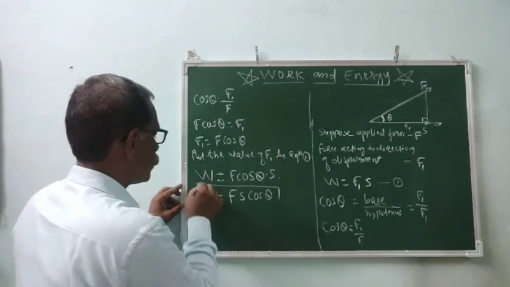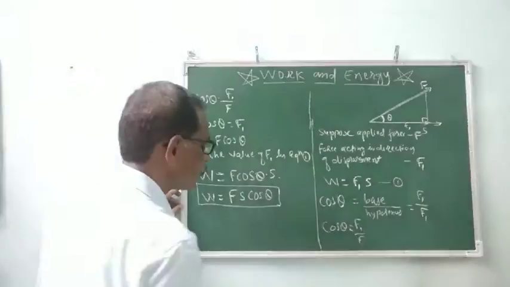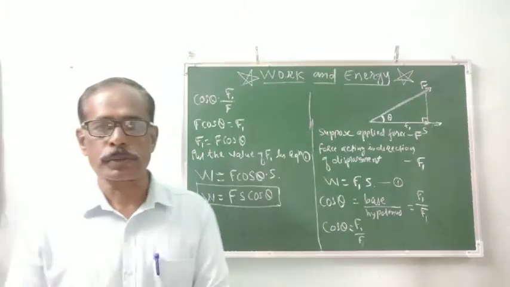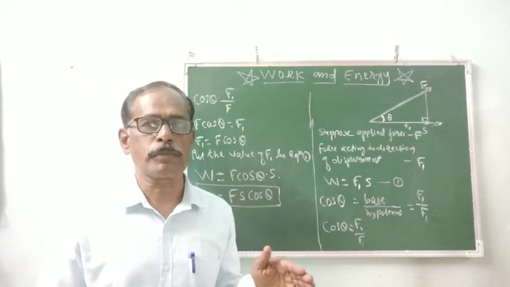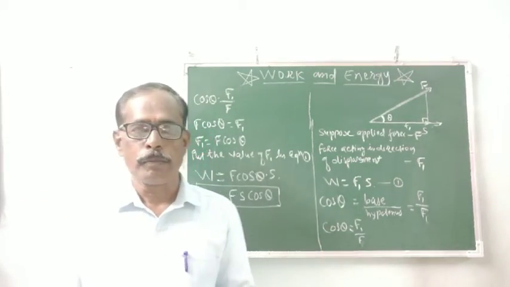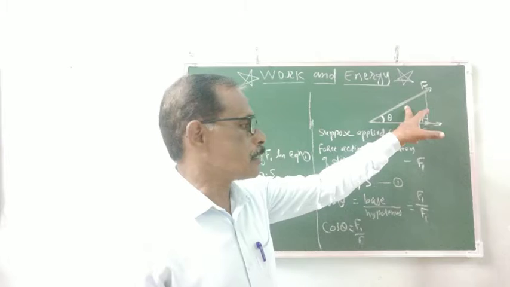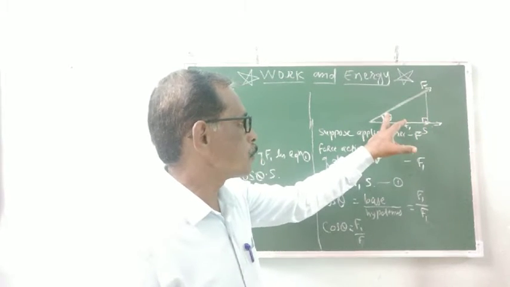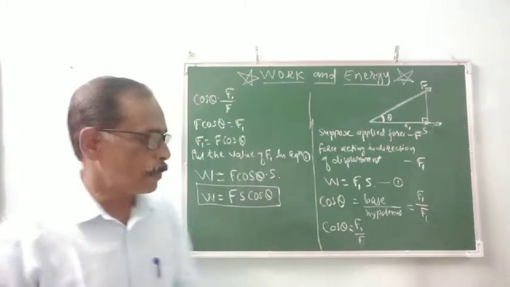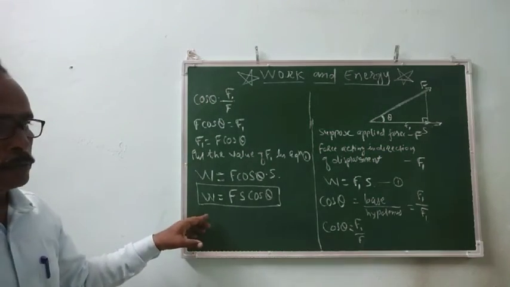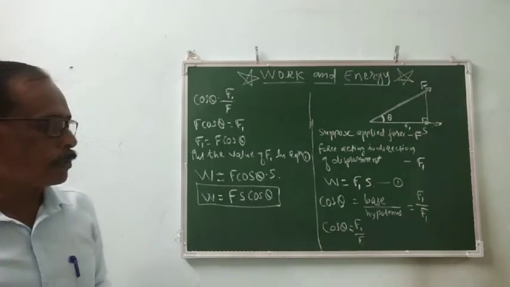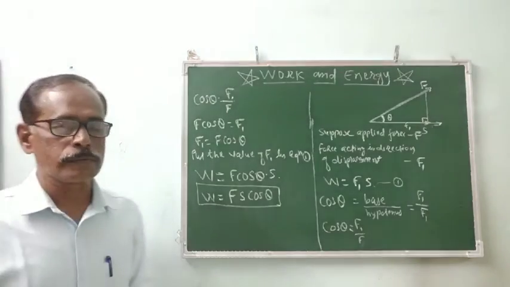It is the equation for work done when the direction of the applied force and the direction of the displacement of the object have some angle in between them. म्हणजे अप्लाइड फोर्सची दिशा आणि डिस्प्लेसमेंटची दिशा यांच्यामध्ये परस्परांमध्ये जर काही कोन होत असेल तर त्या अवस्थेमध्ये झालेलं कार्य निश्चित करण्यासाठीचं हे सूत्र आहे W equal to Fs cos theta.